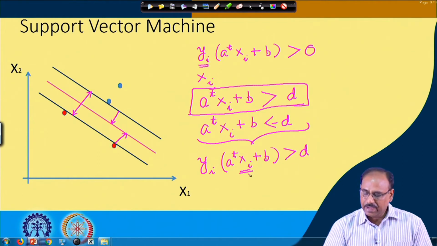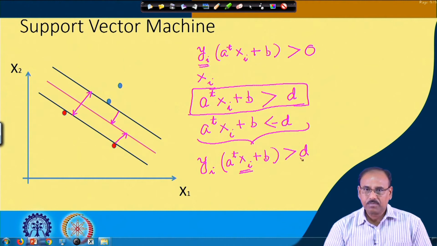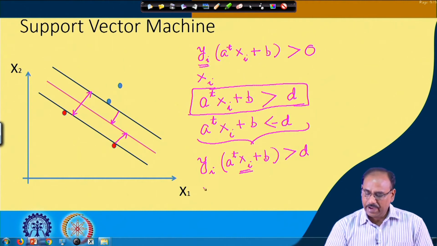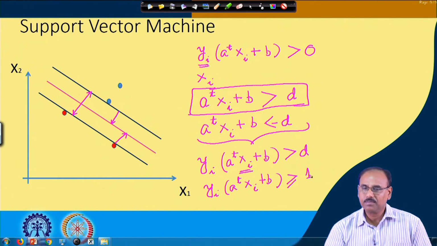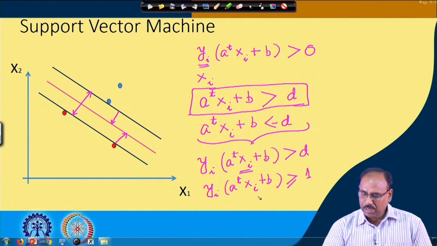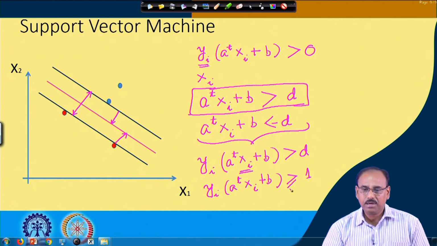What I can do is always normalize this expression. So, while designing, I can have the condition that y i times A transpose x i plus b should be greater than or equal to 1. I will use this approach while designing the classifier or choosing the separating plane.